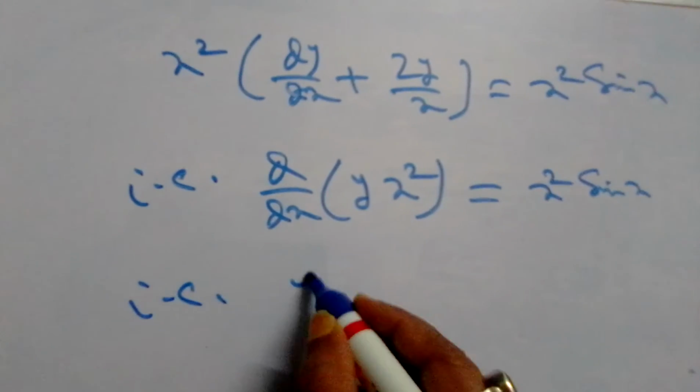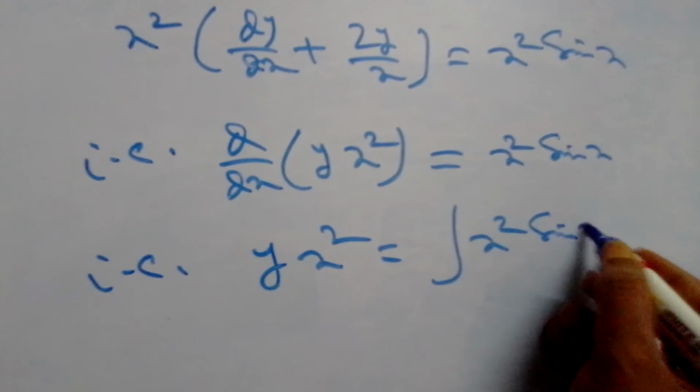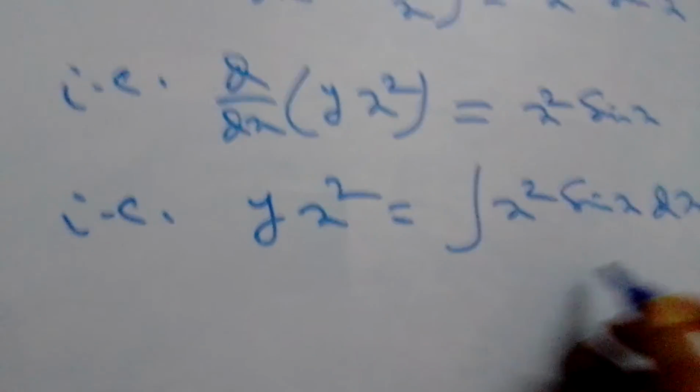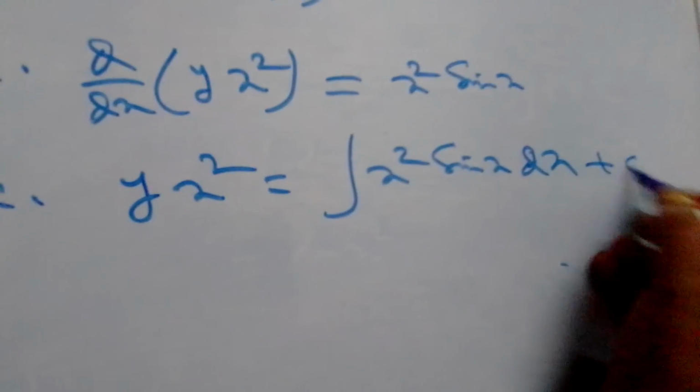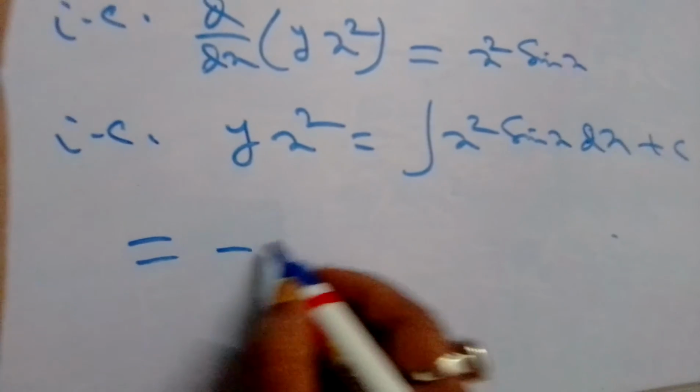That is, y x square is equal to integral x square sine x dx plus c. This is the solution, and c is the constant of integration.